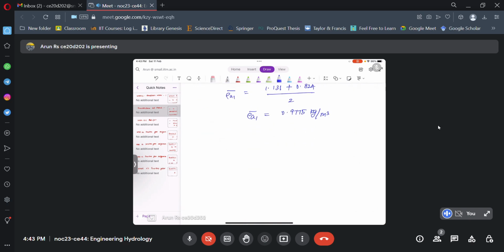So next is the average specific humidity. So this is QV1 plus QV2 by 2.